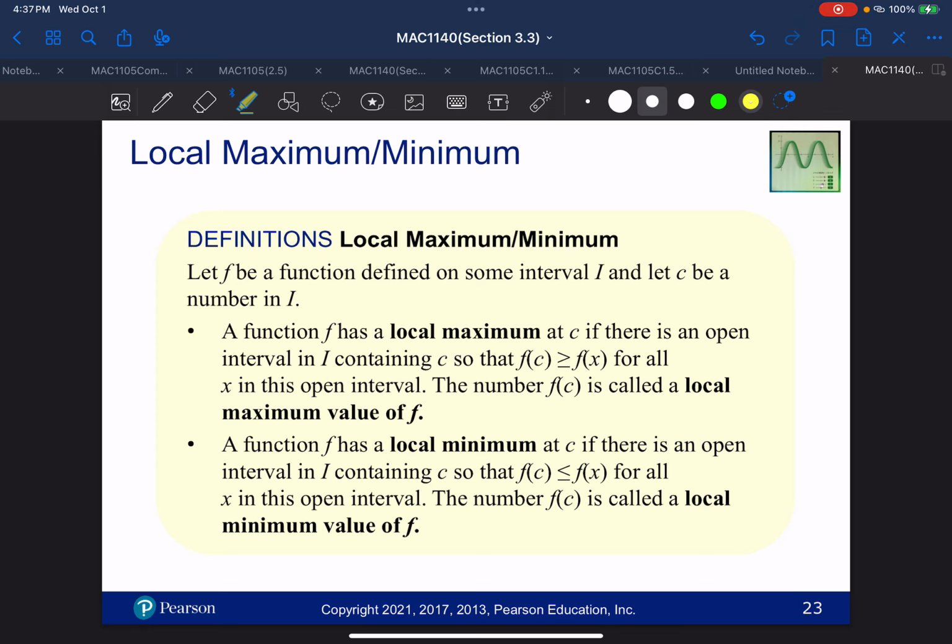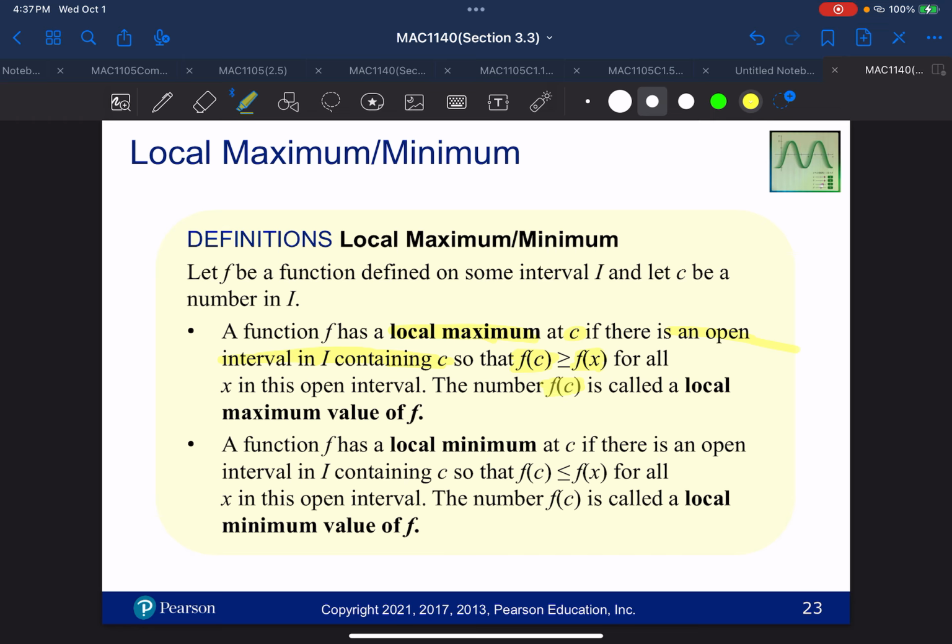So a function f has a local maximum at c, this would be the x value, if there's an open interval I containing c such that the output of c is greater than all outputs for the x in the interval.